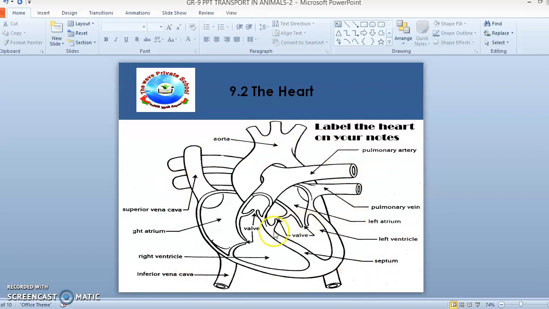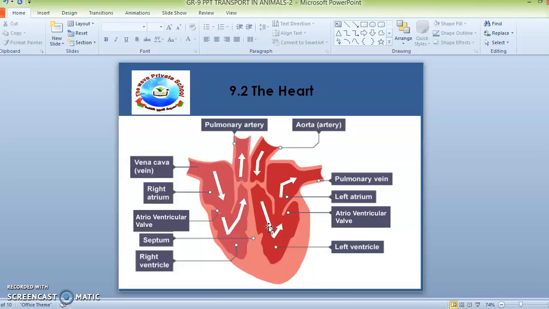So let us see how it functions. The function of the heart is to pump blood around the body. It is made up of a special type of muscle called cardiac muscle.